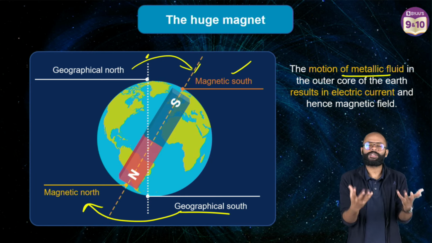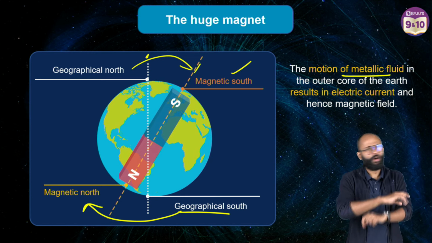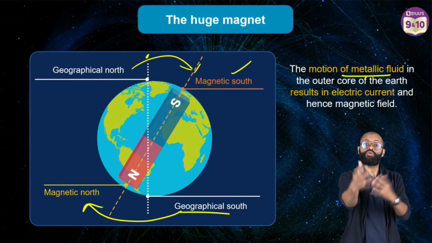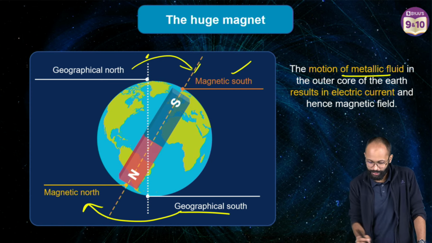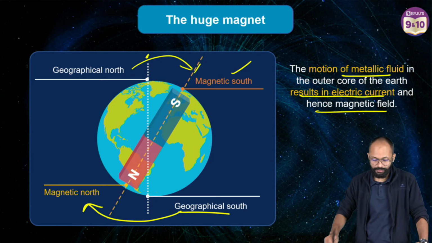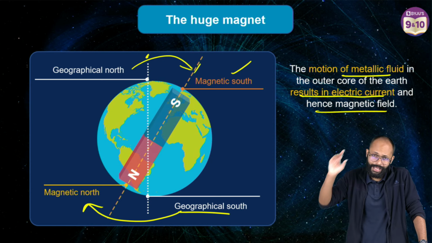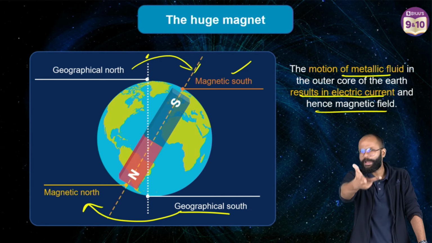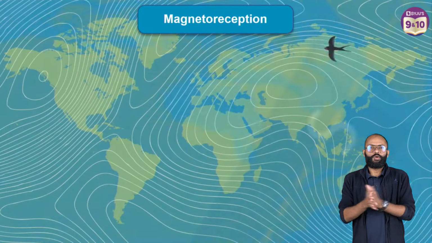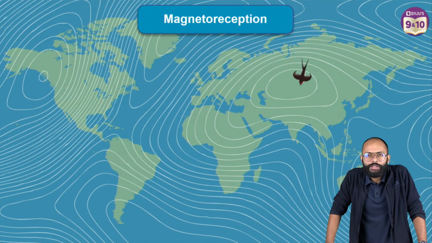These magnetic loops kind of make the earth magnetic, and all the heavenly bodies are sort of magnetic. Think about the sun. The sun has huge magnetic fields, right? So that's why this results in electric current loops, and hence the magnetic field, as we know. So earth behaves like a huge magnet, but a weak magnet, right? Okay. Now, there is the concept of magnetoreception.